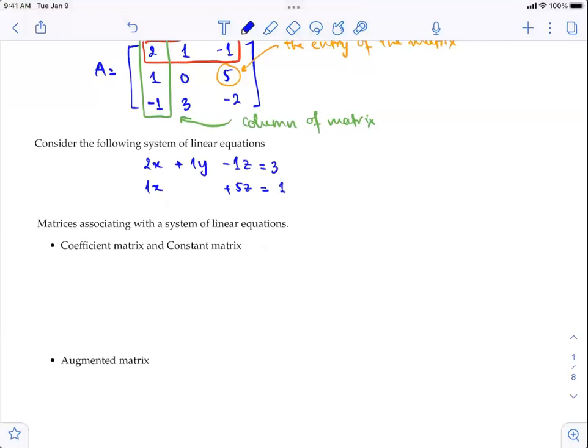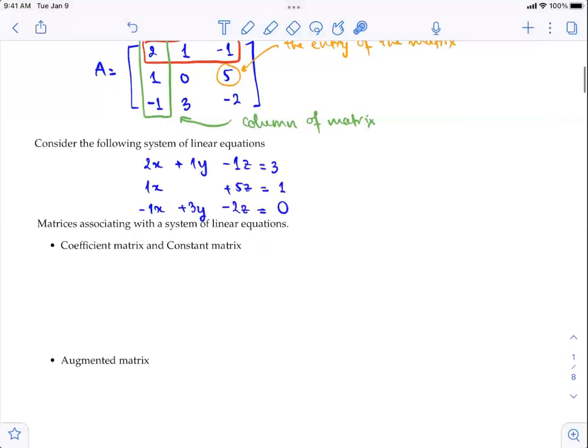And the last equation is negative 1x plus 3y minus 2z equals 0. I explicitly write down the 1s and negative 1s so that you can see the constants in front of the variables x, y, and z will be collected to put into a matrix.